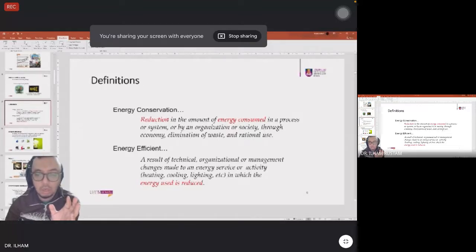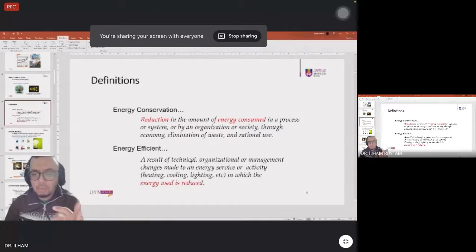Okay, rational use. Ni conservation. Energy efficient pula, dia ada beza in terms of technical, organization and management, the same thing, made to an energy service in which the energy use is reduced. So yang ini reduction in the amount of energy consumed of a process. Ini energy use is being reduced.